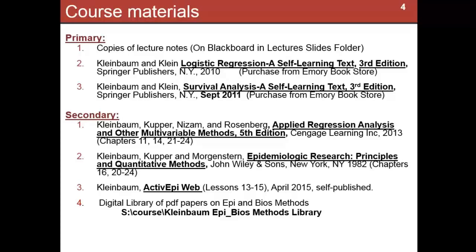And right now, after I made it available about 2 months ago, there are 1,300 people that have already signed up for it in different parts of the world, using it to some extent. It turns out that Active Epi Web is a 21st century version of the epidemiologic research book. It's just written in a different format. It's much more fun than reading a text. And there are parts of Active Epi Web that are related to what we're going to be covering in this course.